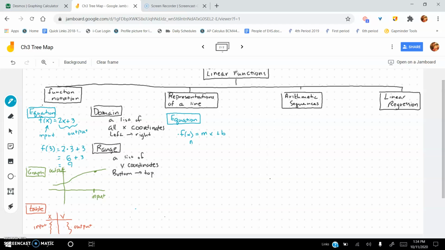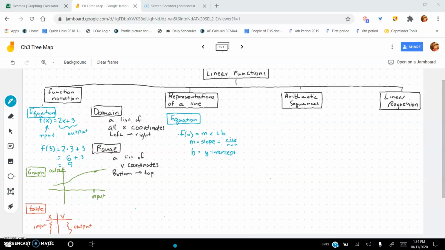And in that form of the equation, m is the slope, which would be rise over run, and b is the y-intercept. And that's called the slope-intercept form of an equation.